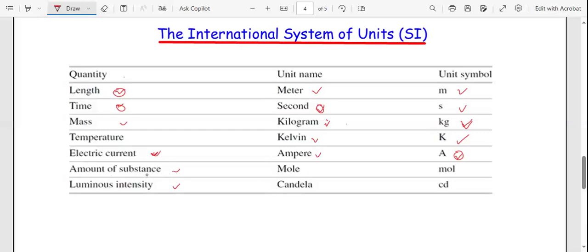Then the amount of a substance, which is a mole, will be expressed as mol. Then luminous intensity, where the unit is called candela, but we use cd to represent it. We can't write the whole word in our units.